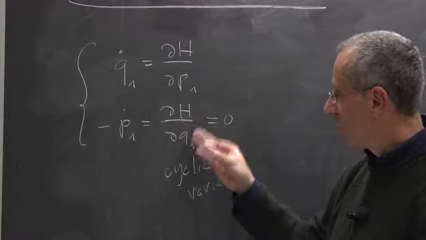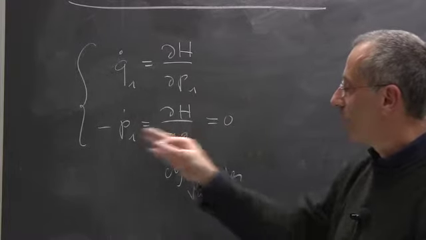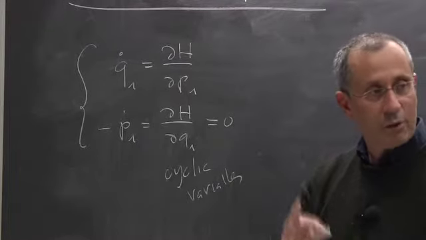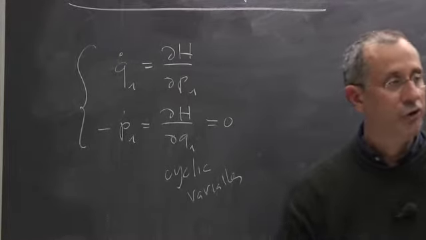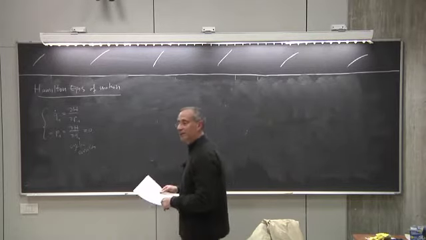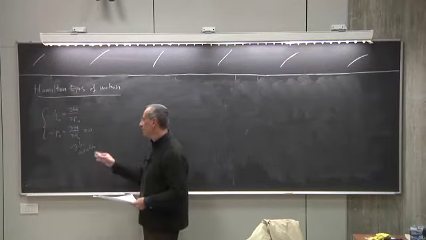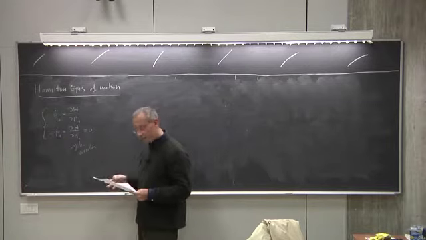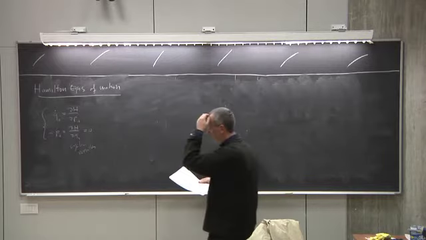So what I'm saying is, if you have a cyclic variable, you have exactly the same thing that you had for the Lagrangian. So everything we said about symmetries, and the consequence of having a symmetry that translates in this language into a conserved quantity, it's all true. So what was nice for the Lagrangian is also nice for the Hamiltonian.